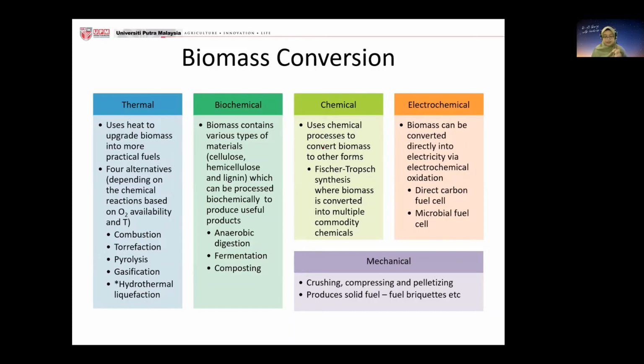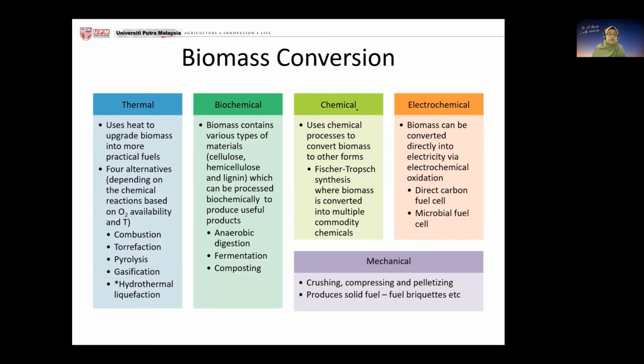In this process, biomass is converted into multiple commodity chemicals. FT synthesis is actually very commonly used currently in petrochemical plants. So the same techniques can be used to convert biomass into different types of petrochemicals that are currently being produced now.